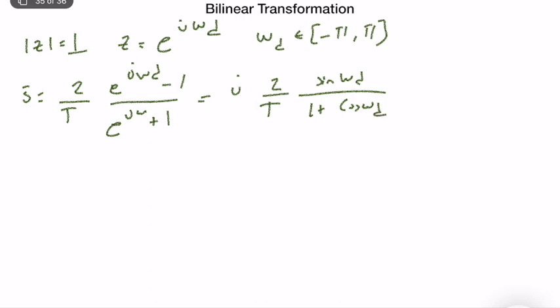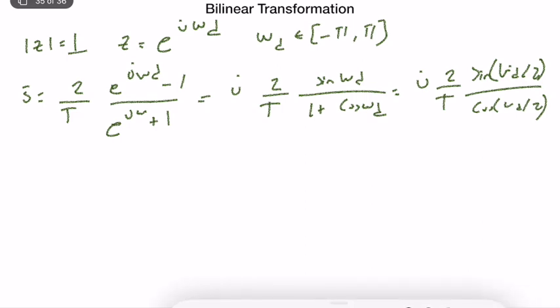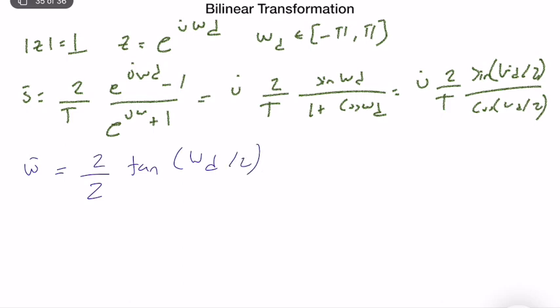If you further simplify it, you will see that this is equal to j 2 over T sine omega d divided by 2 cosine squared of omega d over 2. Further simplifying, omega bar is equal to 2 over T times tangent of omega d over 2. So omega d is the discrete time frequency measured in radians, and omega bar is a fictitious frequency. We are mapping a frequency to a different frequency.